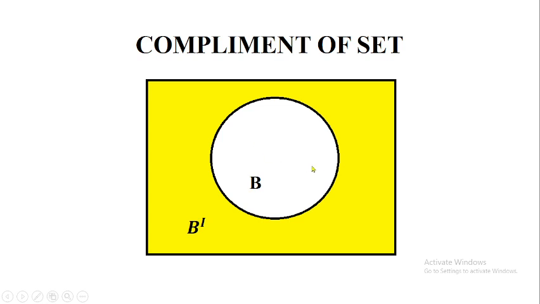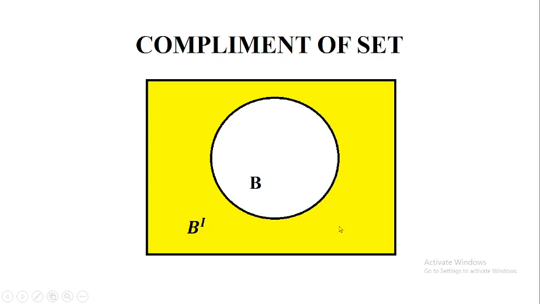I hope you understand that now, that the complement of this set B are the elements that are inside the universal set, which is this box colored yellow, that are not in the set B. So if I should have 1, 2, 3, 4, 5, 6, 7, 8, 9, 10 inside this box here now, then that means I can easily list the complement of set B with those elements.